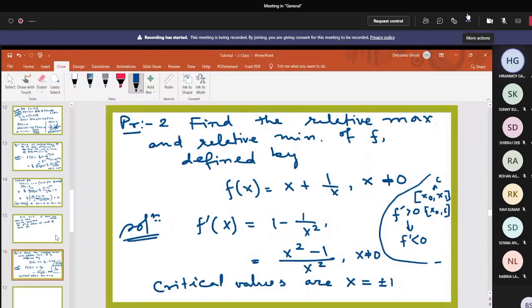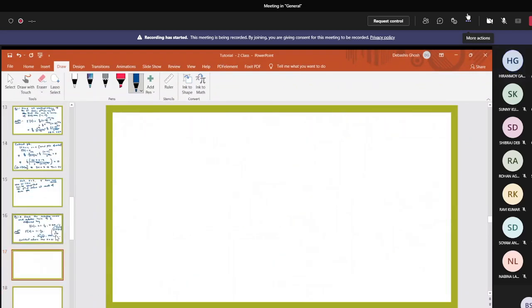So at those points we will consider, but for that we have to consider intervals that contain these two. If you draw this, the graph is separated by this line. The curve is something like this.